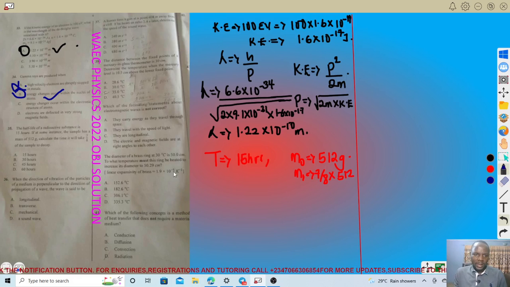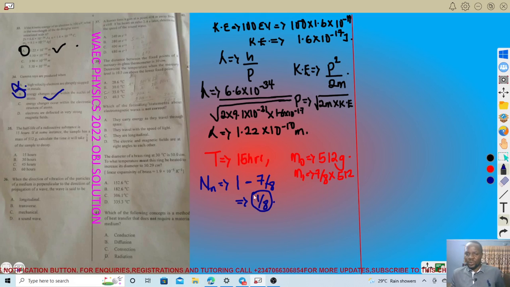If 7/8 has decayed, the number that will remain is 1/8. That's the fastest way to get this. If the initial amount is 1, 7/8 of it decaying will mean 1/8 remains.